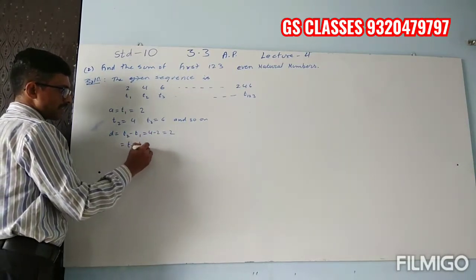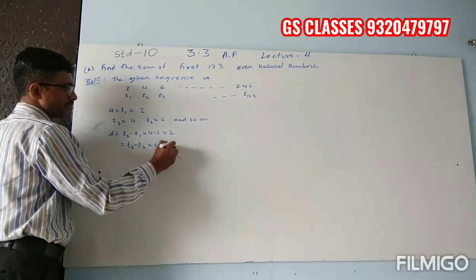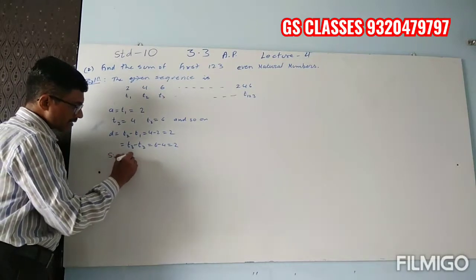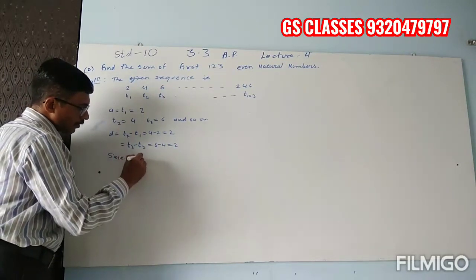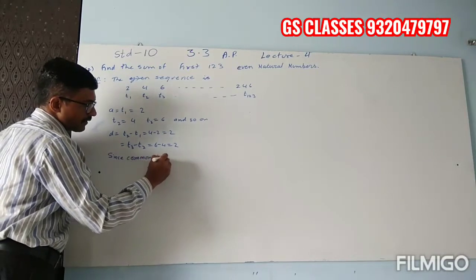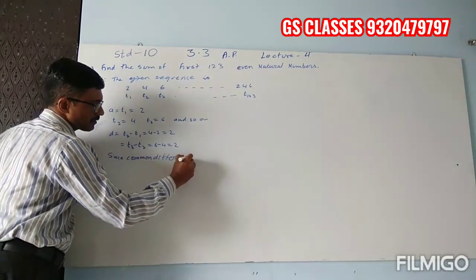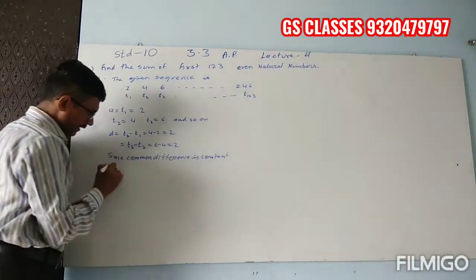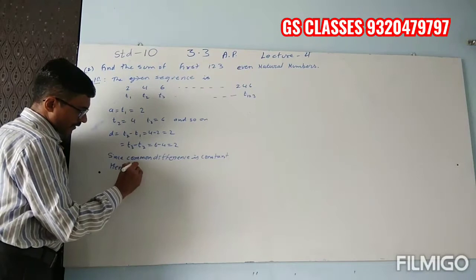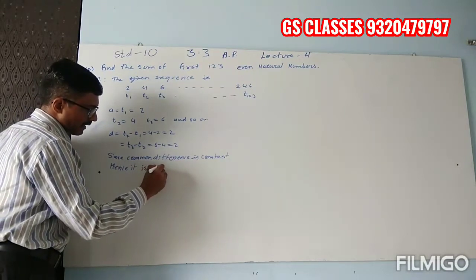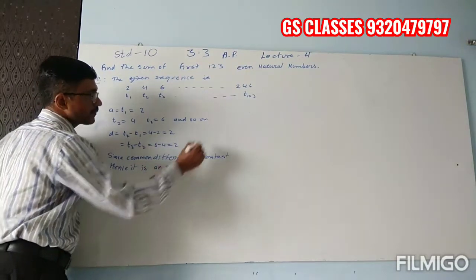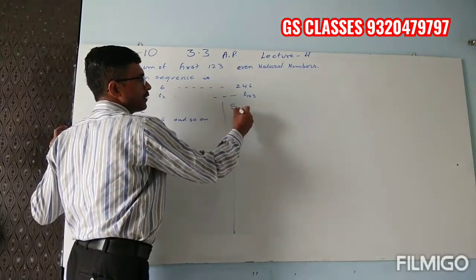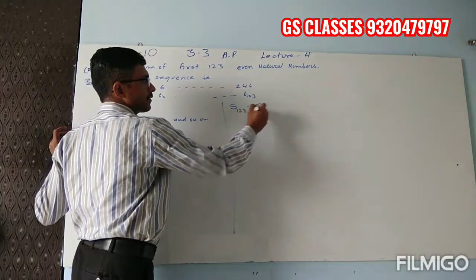Also T3 minus T2 is 6 minus 4, which is 2. Now we will write, since common difference is constant, hence it is an AP.